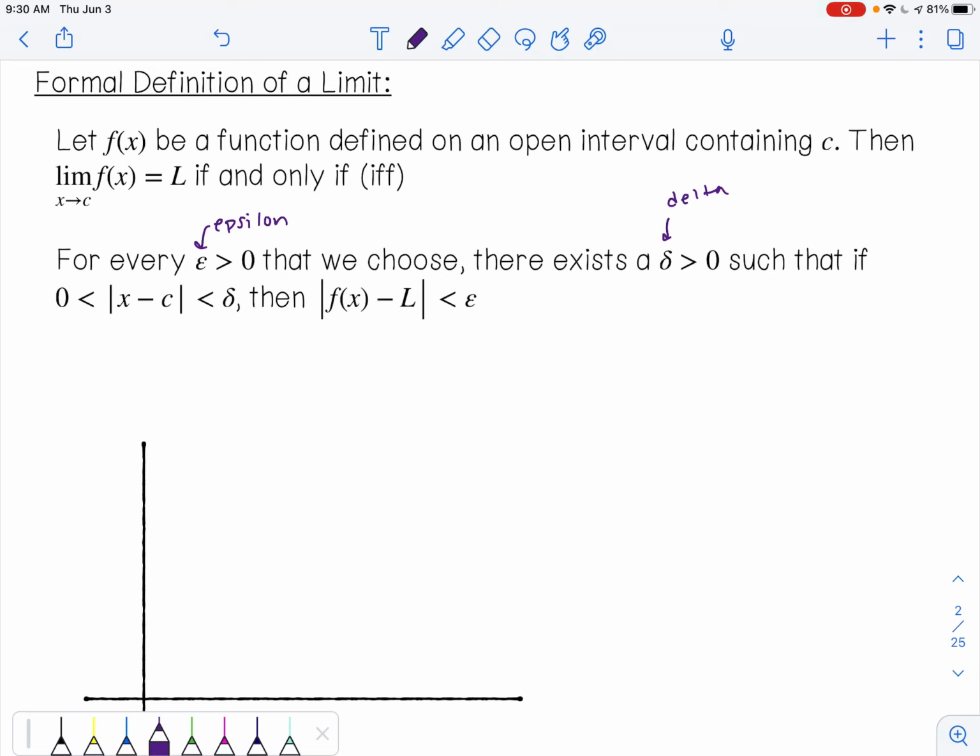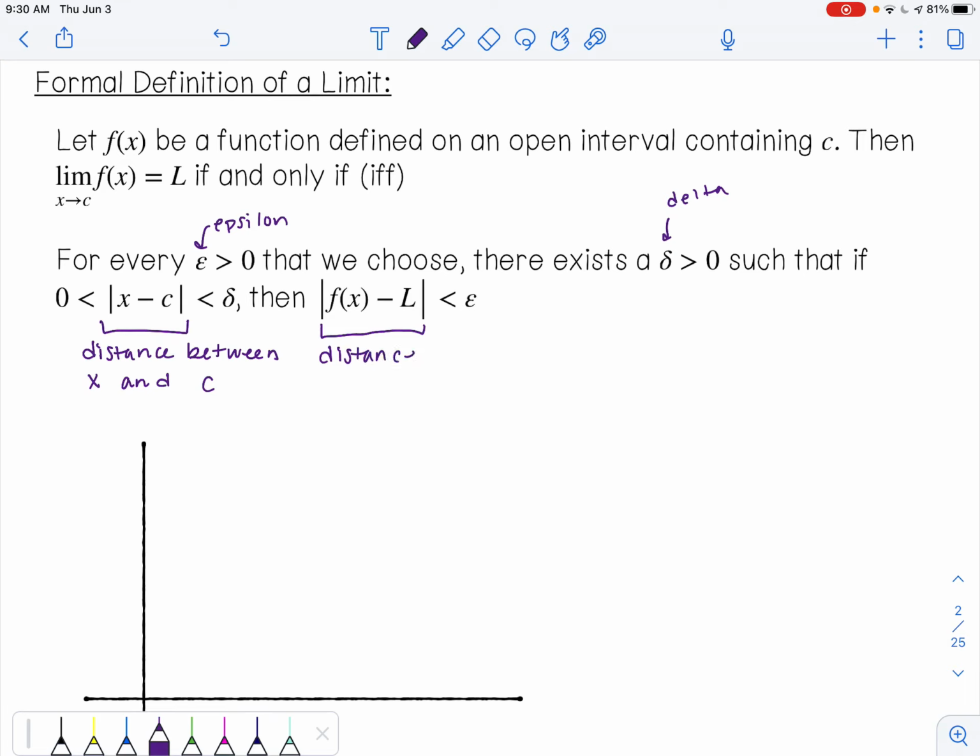So what the heck does all that mean? So absolute value, remember, you can think of as a distance. So this is saying the distance between x and c is less than our delta value.